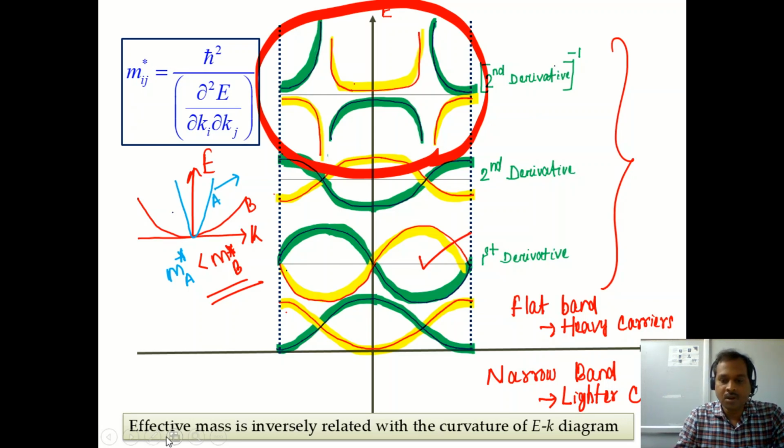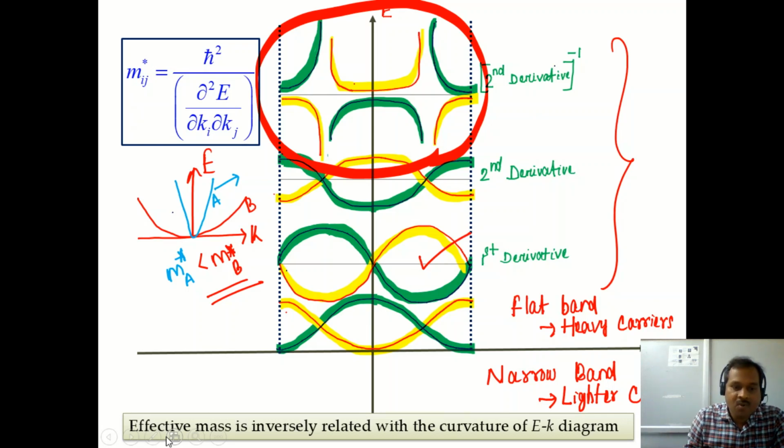So today we got two pieces of information. The slope of the EK diagram is related with the velocity of the wave packet of the electron wave, and the reciprocal of the curvature of the EK diagram is related with the effective mass of the charge carriers.